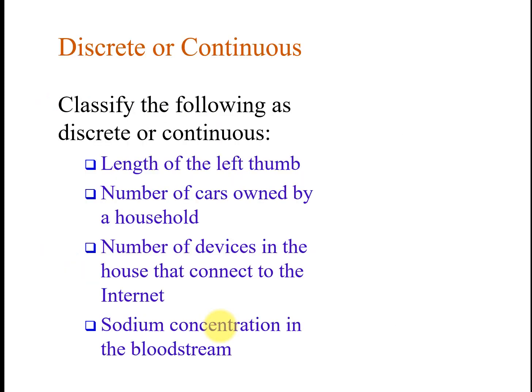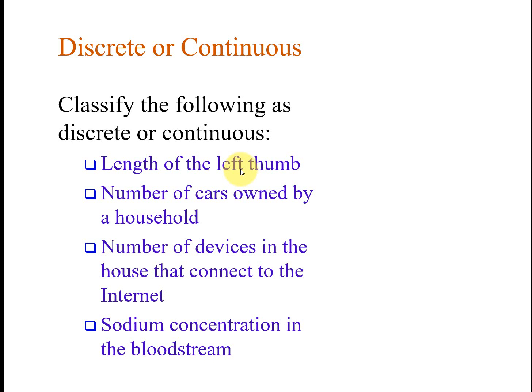I would like for you to pause the video at this time to figure these out. Here we're supposed to classify the following as discrete or continuous. The length of the left thumb: I don't think it's just 2 inches, 3 inches, or 1 inch.